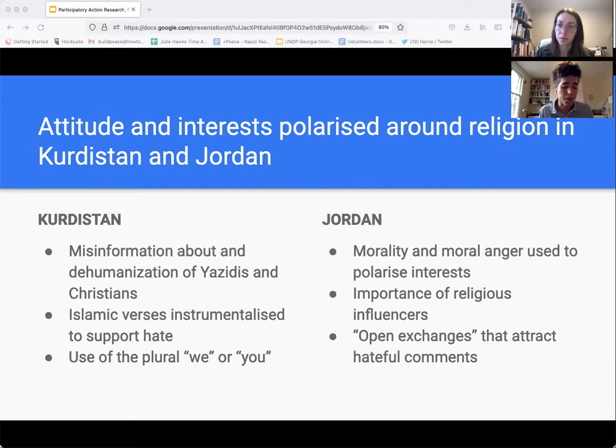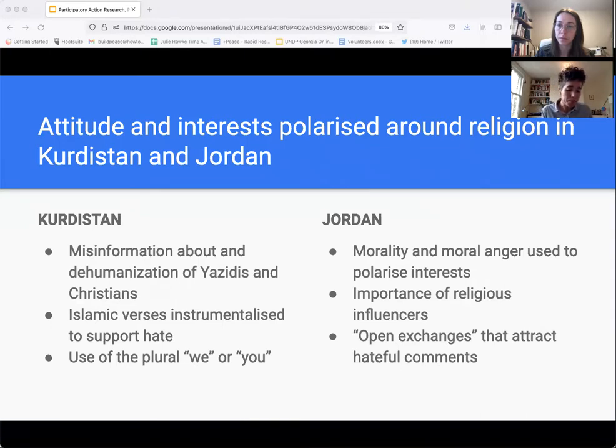Participants observed that social media users use words that show moral anger, such as shame, taboo, and are more likely to respond to emotional words about religion. So when they were doing word searches using some of these keywords, they were really finding these reactions to be quite evident. They also noted the influence of religious influences on people's opinions and their reactions to certain posts.